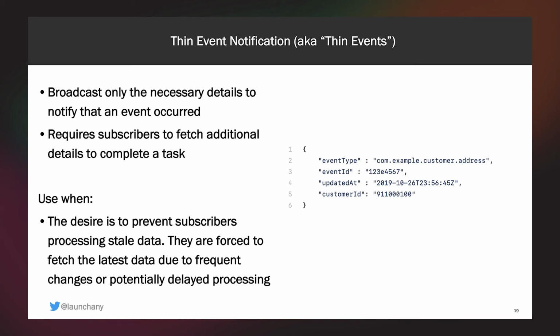It requires subscribers to fetch additional data to complete any kind of related tasks. So we would use this kind of event most often when we don't want to send data that could be considered stale as part of the event. We want to provide enough information to the subscriber for them to make a decision on if and how they want to act upon that event, but they're going to be required to make subsequent API calls to go fetch the latest representation of the resource that changed.